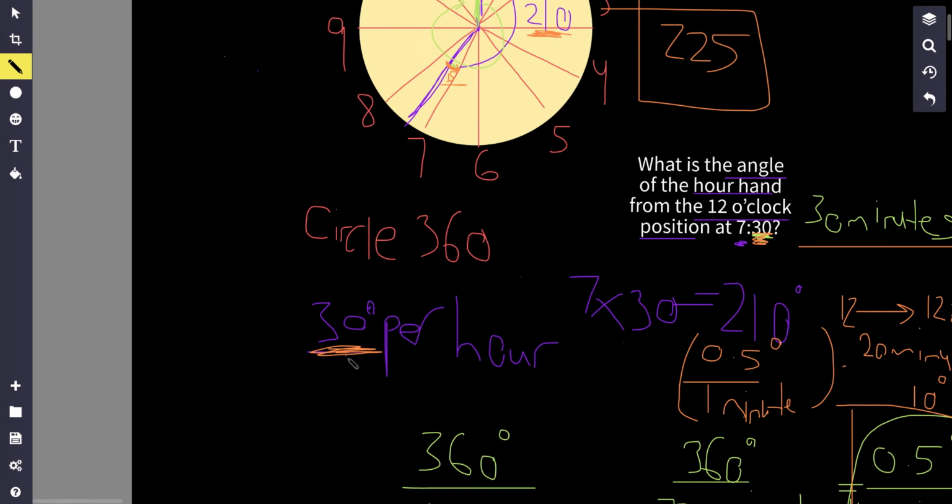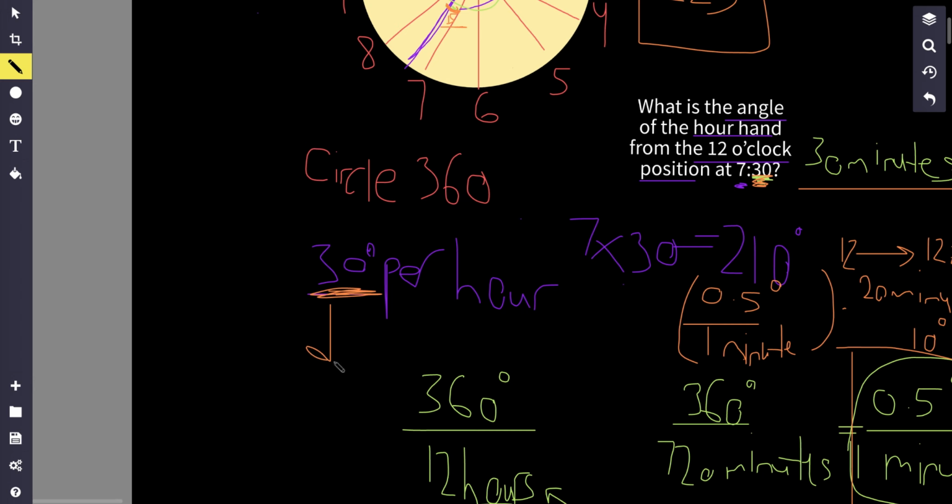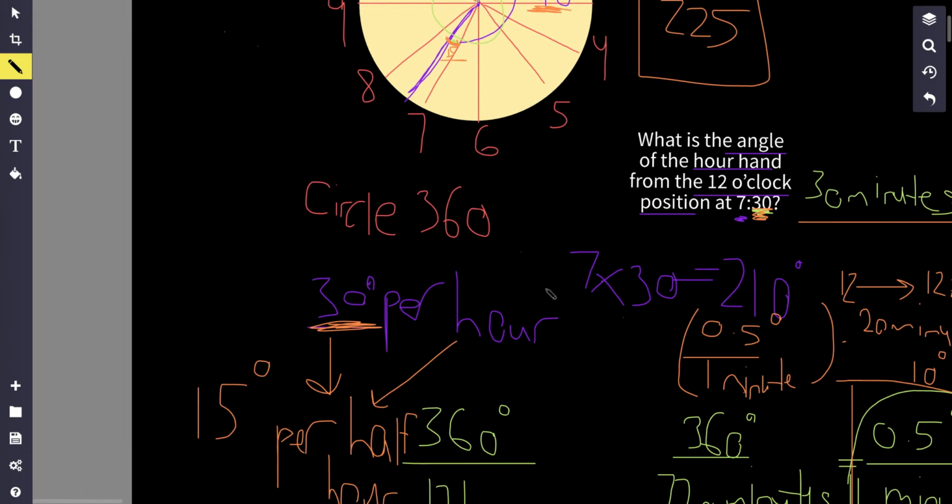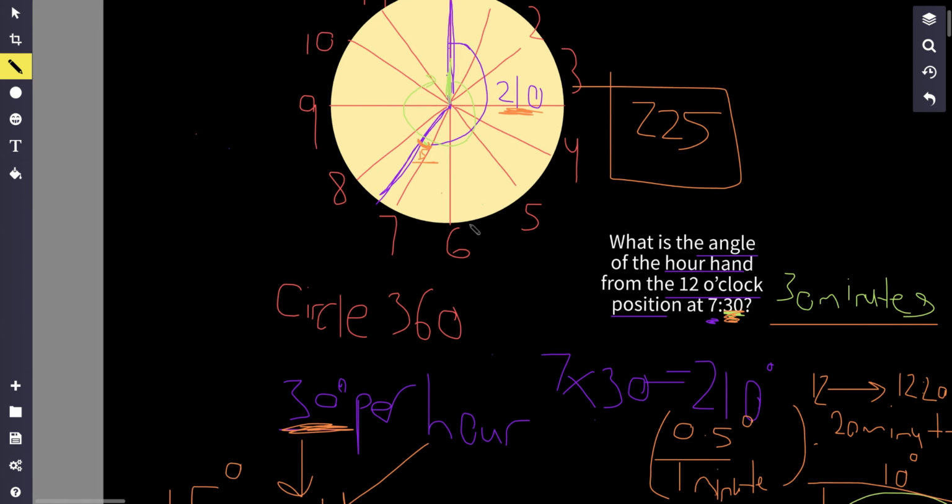So if this is 30 degrees per hour, then it has to be 15 degrees per half hour, because if the time decreases by a factor of 2, then the hour hand's angle has to decrease by a factor of 2. So it's 15 degrees per half an hour. And we know half an hour is 7:30, so you could have done that here.